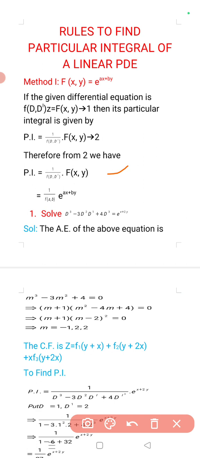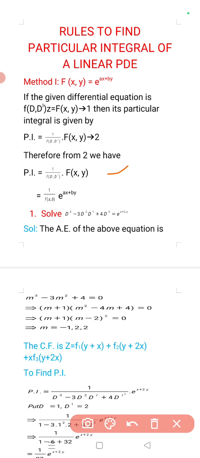Simply substitute e^(ax+by) in place of F(x, y).